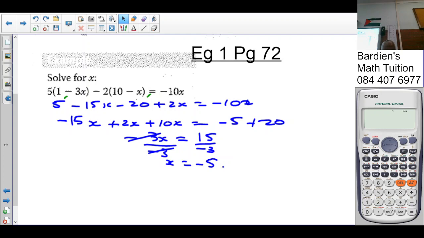Let's look at the next one. The next example here on page 72.